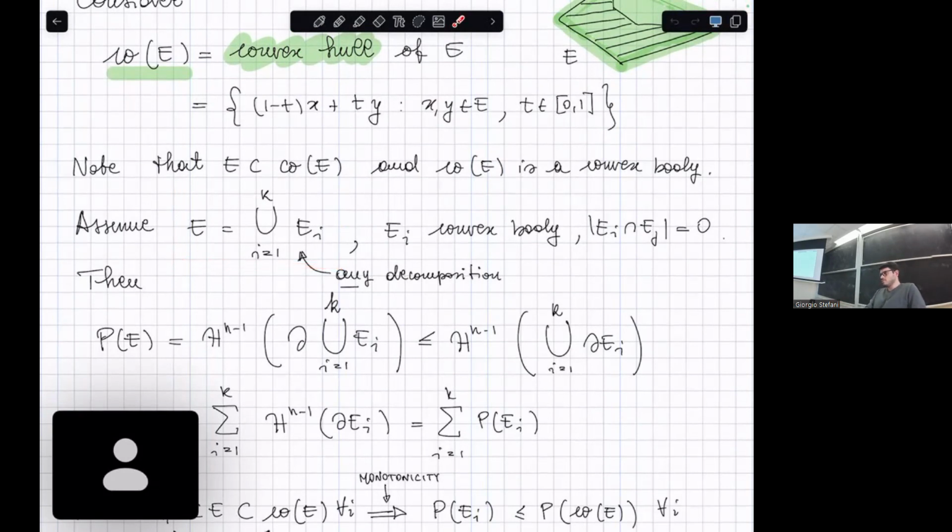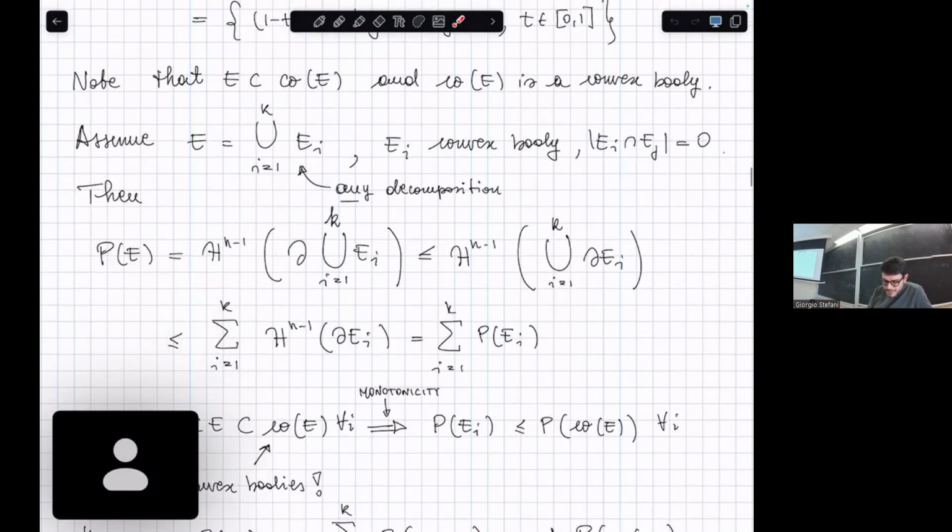Yeah, sure. Because, of course, I am assuming that I have this decomposition. So this is my assumption. So by this assumption, I have non-empty interior because each E_i will have non-empty interior, and so my set will have. So I won't consider degenerate situations. Or if it is degenerate, then I go one dimension less. So I have one possible decomposition.